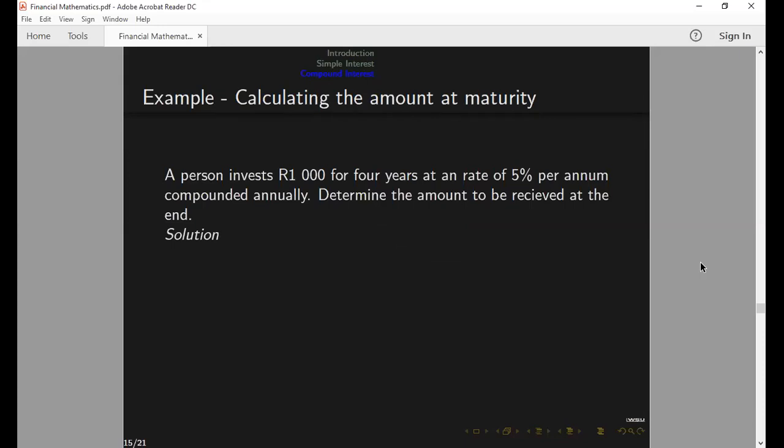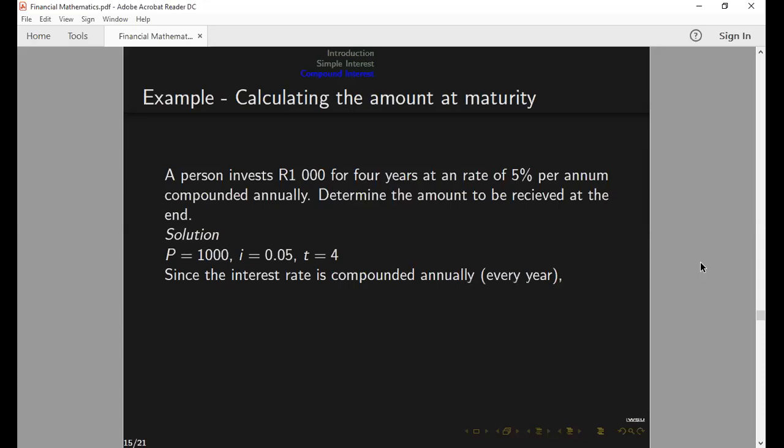Now, here's what we have. We've got the principal amount, 1,000. We've got I, which is 0.05. We've got T, which is 4. And then, since the interest rate is compounded, which is the most important part, this is what differentiates simple interest from compound interest. Since we are told 5% per annum compounded annually, that compounded annually shifts it from simple to compound.